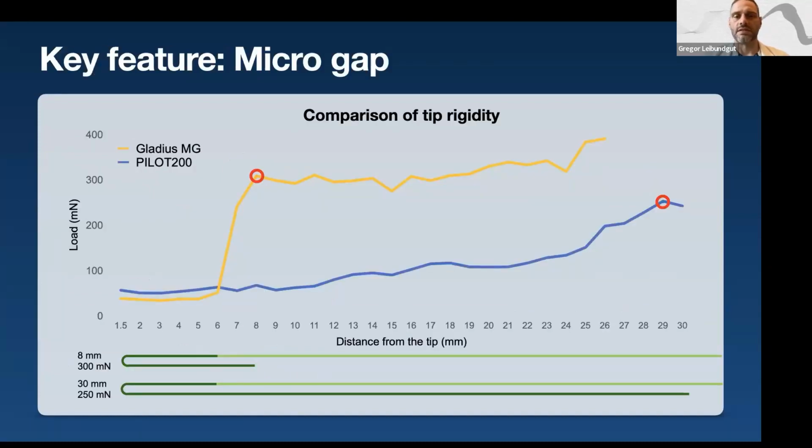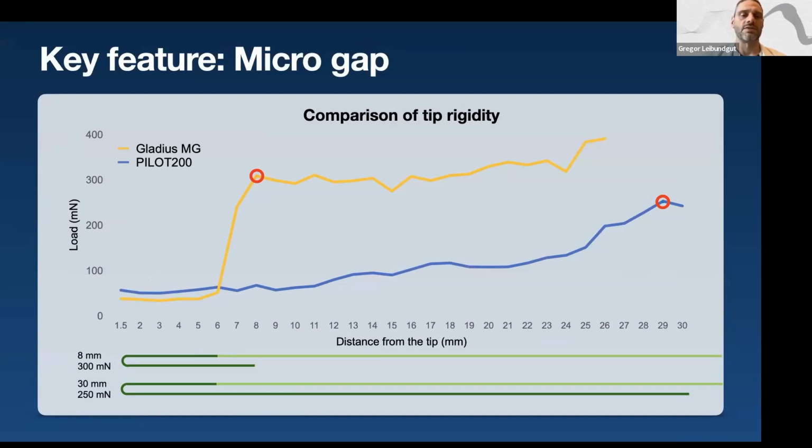Here again, you see the comparison between Gladius in yellow and Pilot 200 in blue. And you see why the Gladius forms this much shorter, about 8 millimeter long and very tiny knuckle, because the step up of the load of the core wire is immediate and abrupt after about 6 to 8 millimeter. And that's exactly where the wire folds.